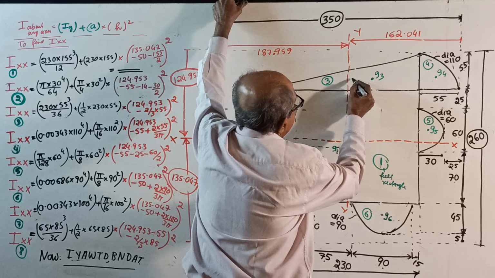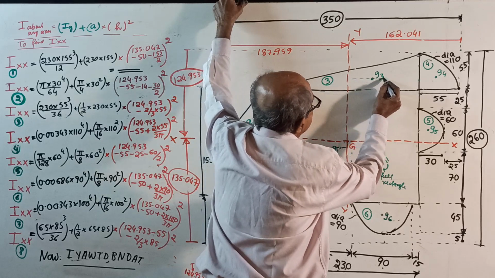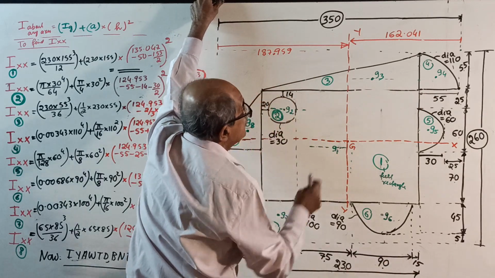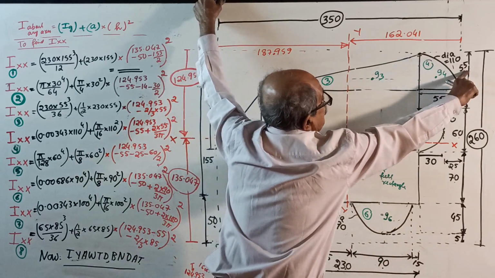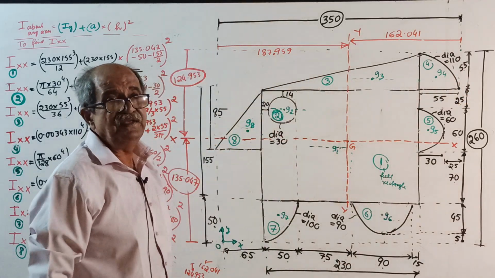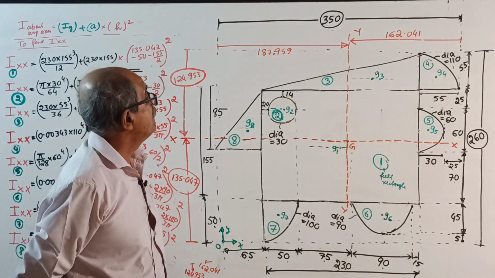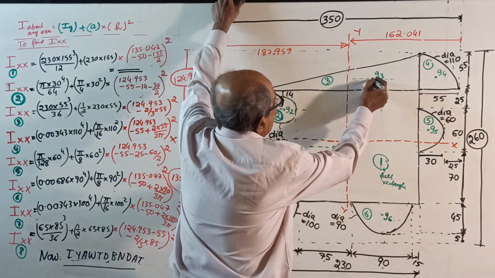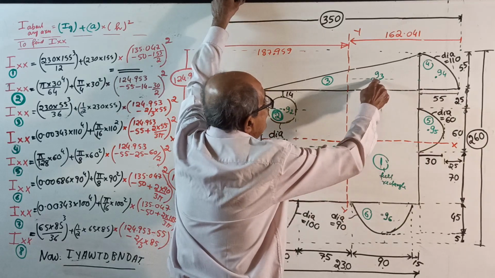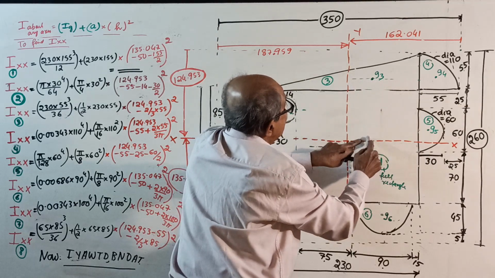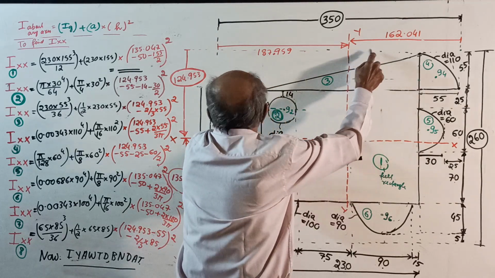I about its own centroidal axis. Parallel side, how much? 230. 230 into 55 cube divided by 36, plus half into 230 into 55 area, into the distance from centroid to xx squared. This distance squared is this full distance, how much?